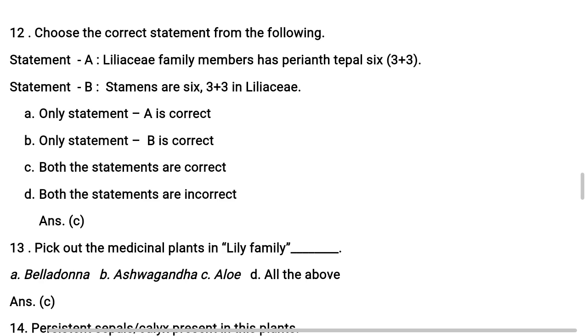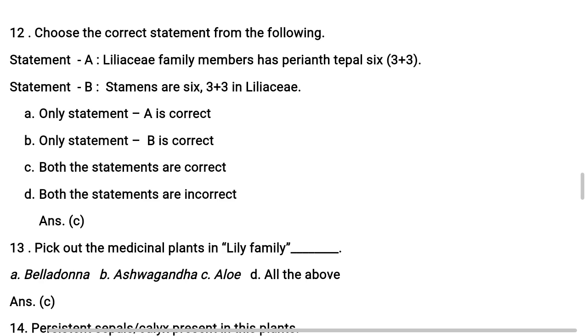Stamens are 6, and they are 3 plus 3 in Liliaceae family. Students, have you seen in the previous class a characteristic of Liliaceae family? Stamens are absolutely 6 in number, but they are arranged as 2 bundles.